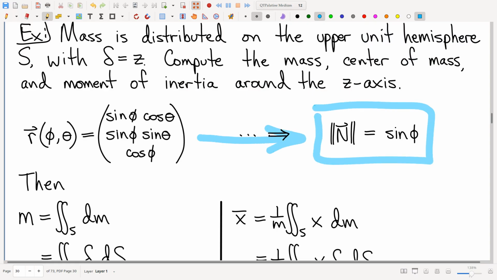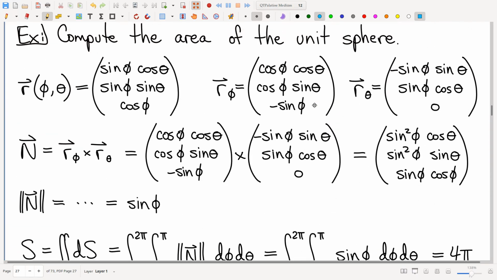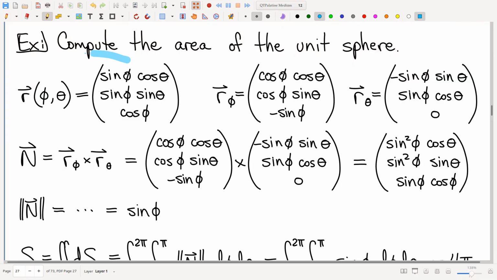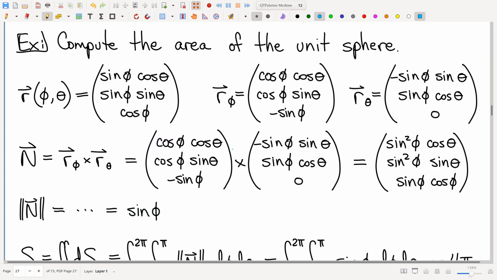We have already done that calculation, or at least we've already waved our hands at it. That was last time. In fact, let me just scroll back to it. It was this calculation right here. We used the same parameterization. We computed the partials. We did the cross product. We took the magnitude, yada, yada, yada, and sine phi was our answer.